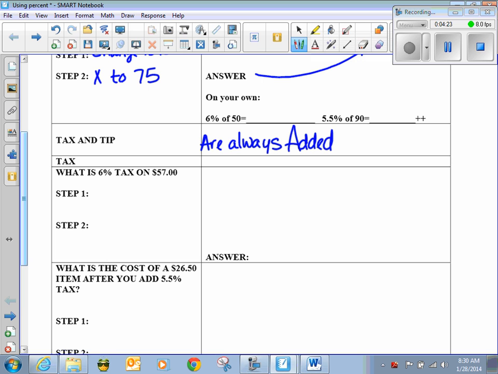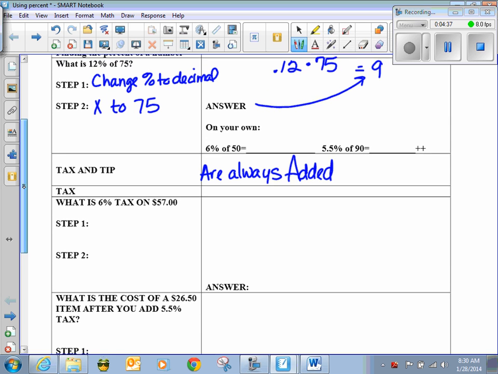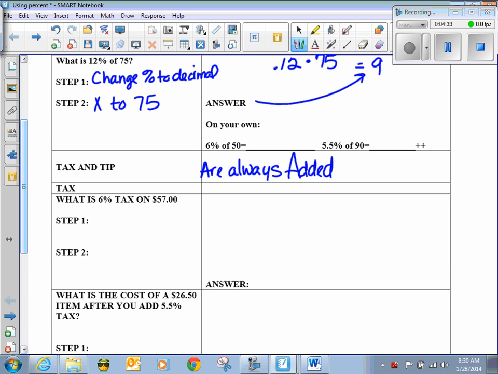So when it says, what is 6% tax on $57? It's not asking what the $57 is with it. It's just asking for the tax. So really this type of problem is just finding the percent of a number. I'm going to use the exact same steps as above.